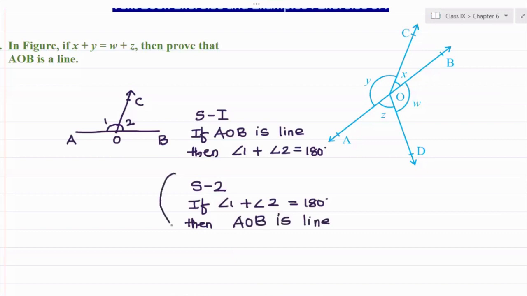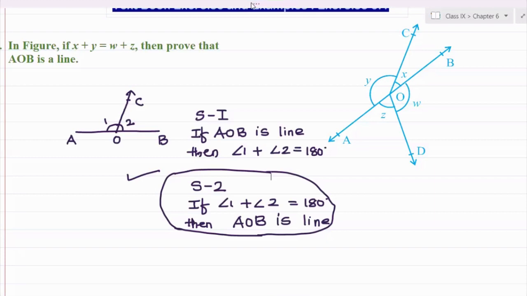We have to utilize this particular statement. We need to prove anyhow that angle 1 plus angle 2 is equal to 180 degrees. Observe here, angle 1 and angle 2 are not given, but x and y are given, and w and z are given. So we need to show that either the sum of x and y, or the sum of w and z, is equal to 180 degrees. Then we can say that AOB will be a line.